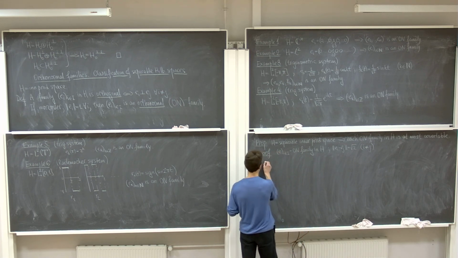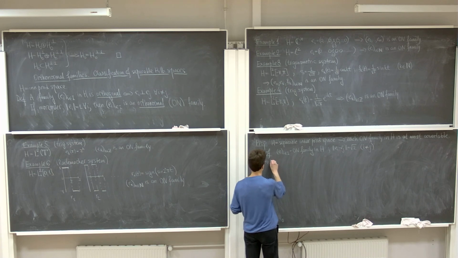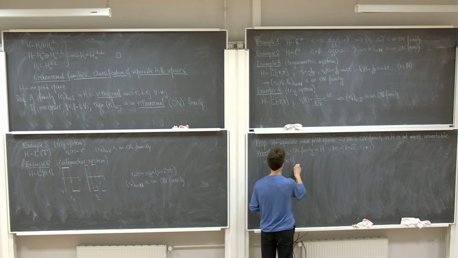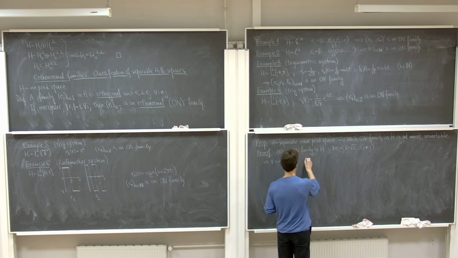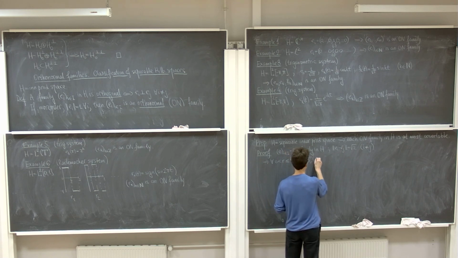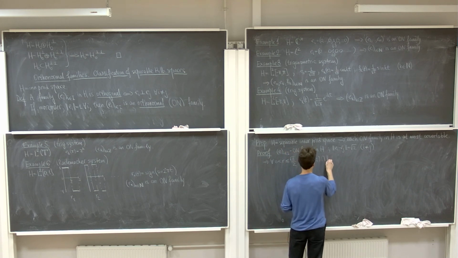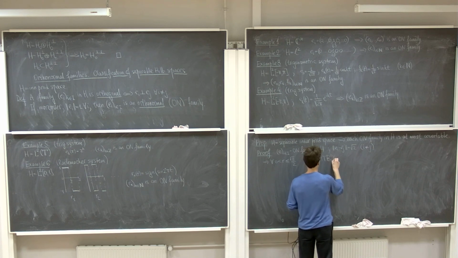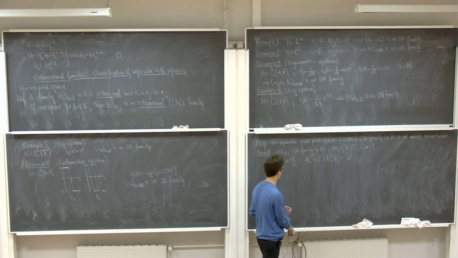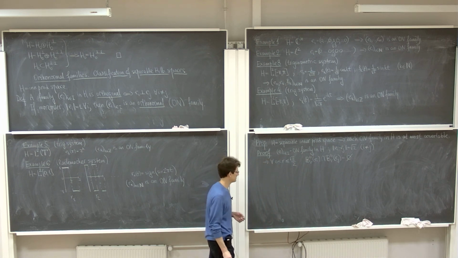So this implies that if we take any real number r, which is less than or equal to square root of 2 over 2, and if we take the open balls of radius r centered at Ei and Ej respectively, then the intersection of these balls is empty, just by the triangle inequality.